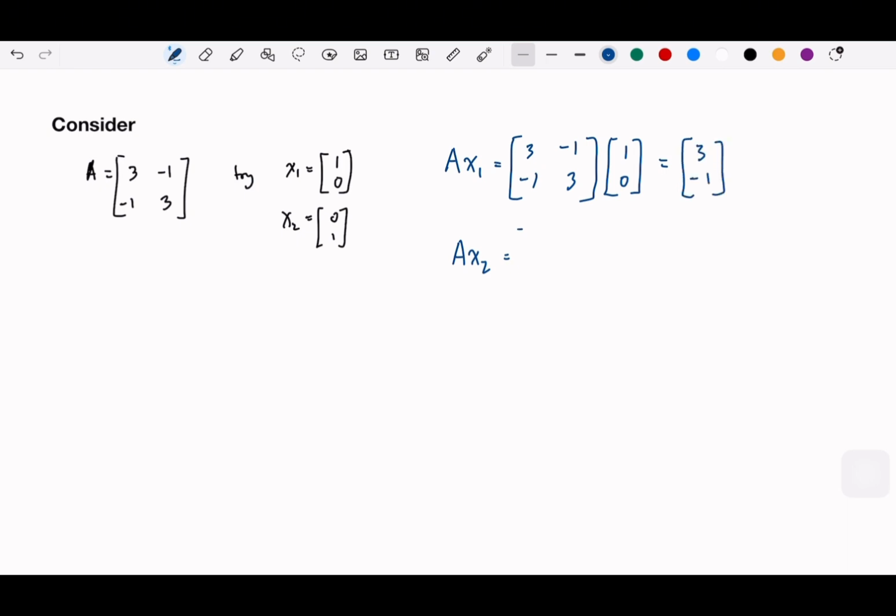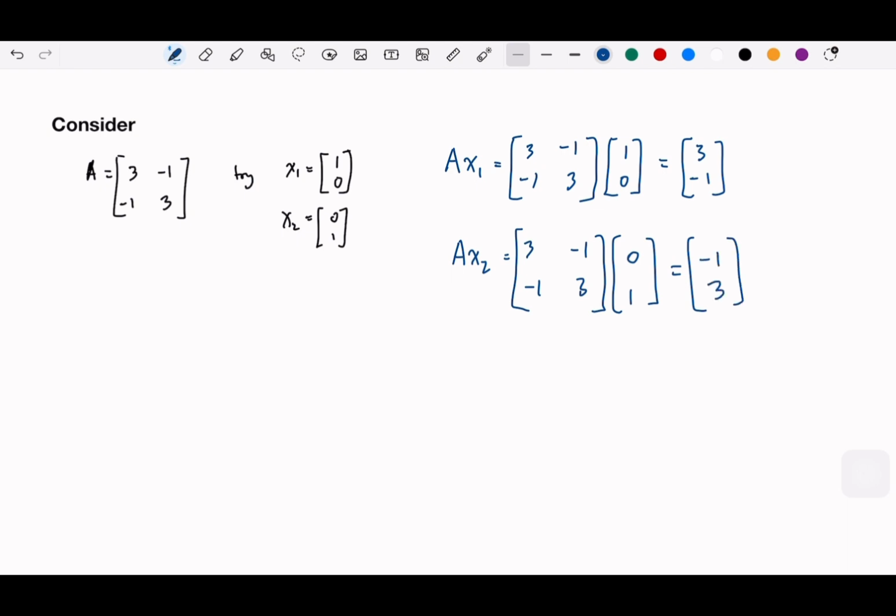And how about the second one? Let me write again. Sorry, it should be [0, 1]. So it should be -1, and then the other one will be 3. Okay, this is just a normal matrix multiplication.